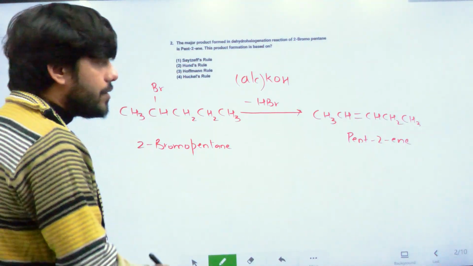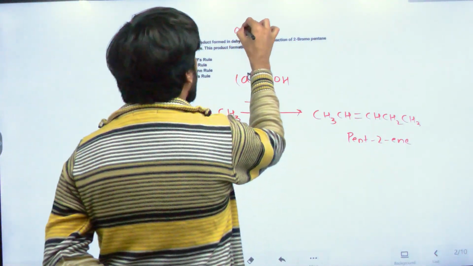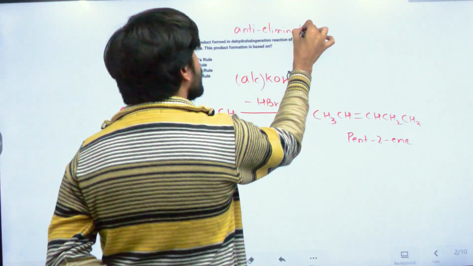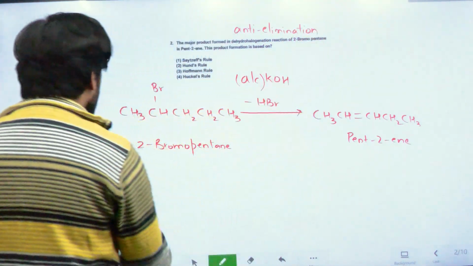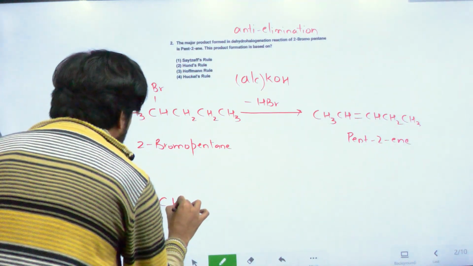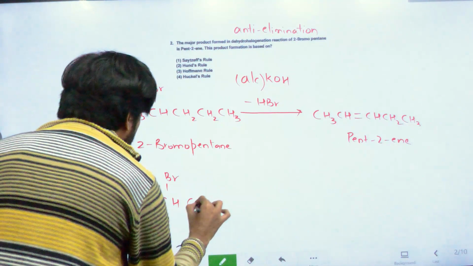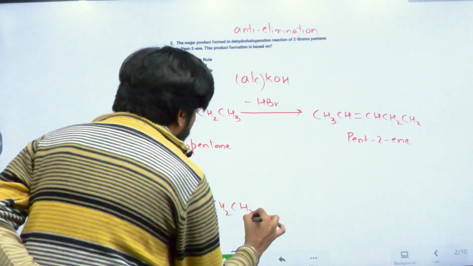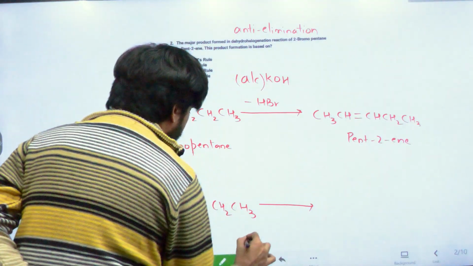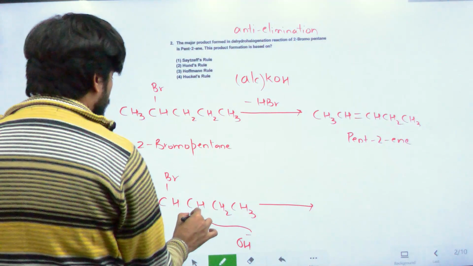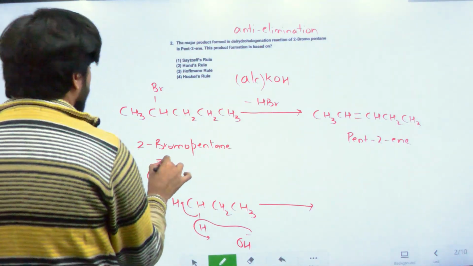And basically this is your anti-elimination. Suppose we have this. In the first step, the base abstracts this hydrogen, this bond shifts here, and this leaves.